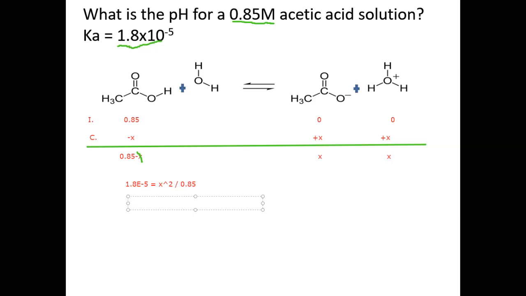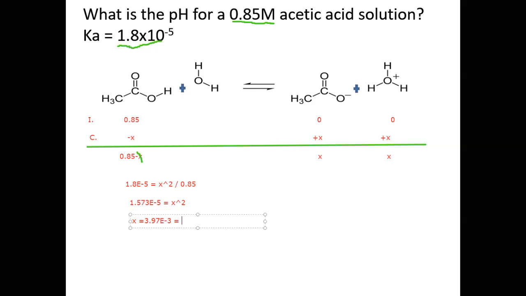So we get 1.573 e to the negative 5 equals x squared, and x equals 3.97 e to the negative 3.